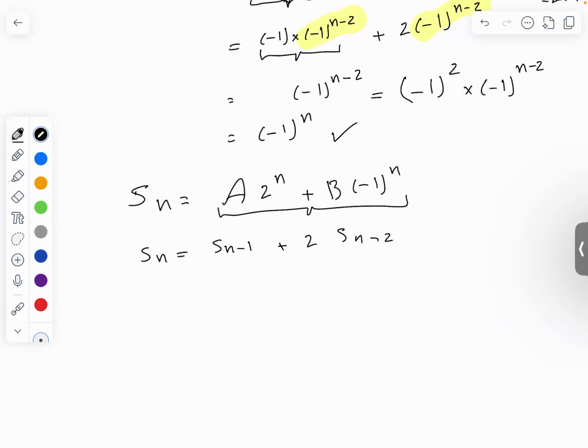Substitute a times 2 power n plus b times minus 1 power n.